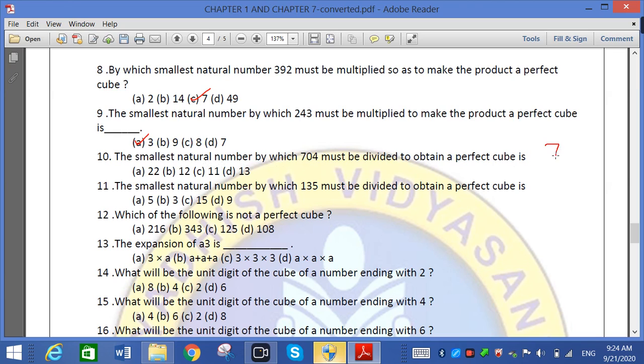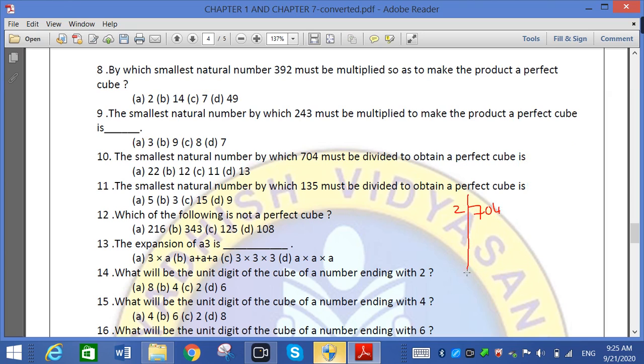704. I have to find the prime factors of 704.